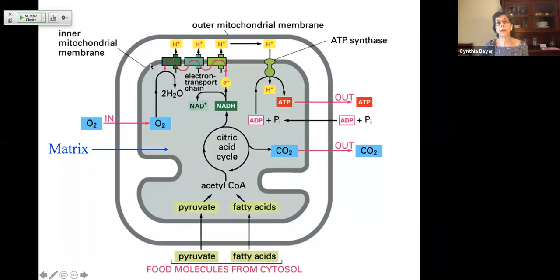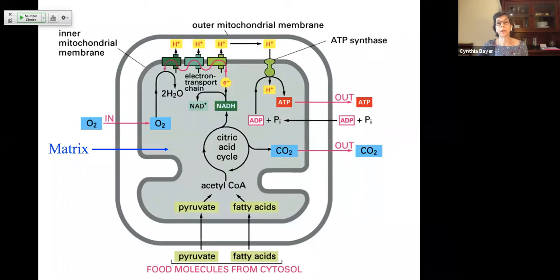And as we'll see later this week, transfer of those electrons drives the pumping of protons from the matrix side to the intermembrane space, creating a proton gradient that will drive the synthesis of ATP. So everything we're looking at here, and what we'll be talking about the rest of the week, is in the presence of oxygen.